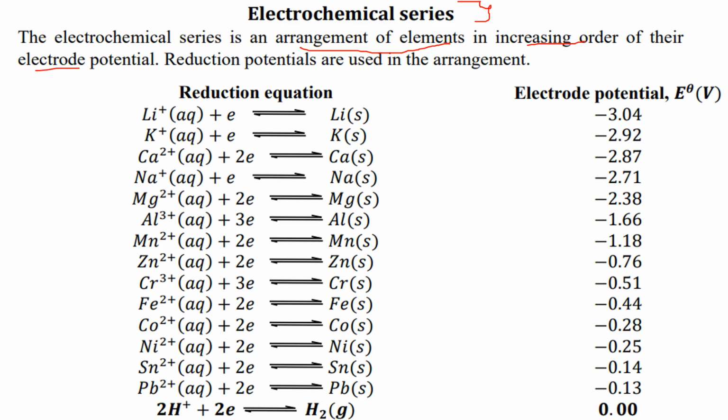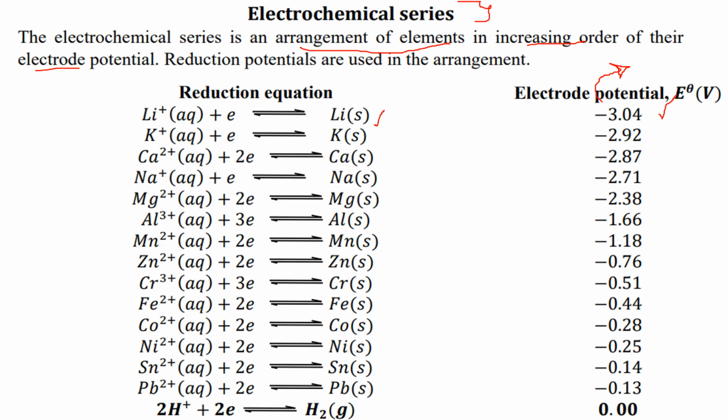The one which is more electronegative has the highest electrode potential. That's how we measure electrode potential. The one which is the most negative has the highest electrode potential, because electrode potentials are the same as reduction potentials. So lithium undergoes reduction to give you the lithium ion.